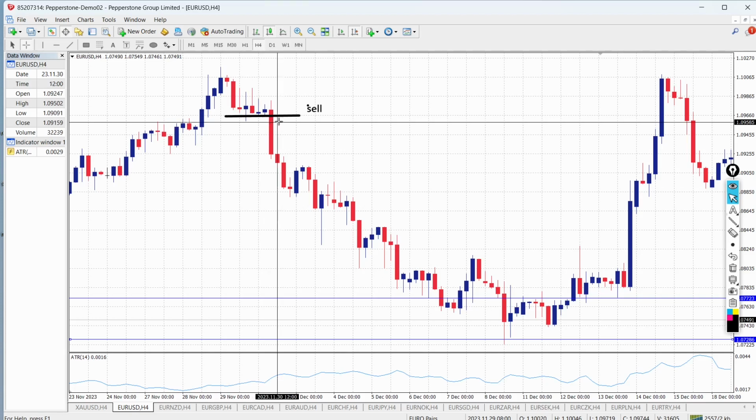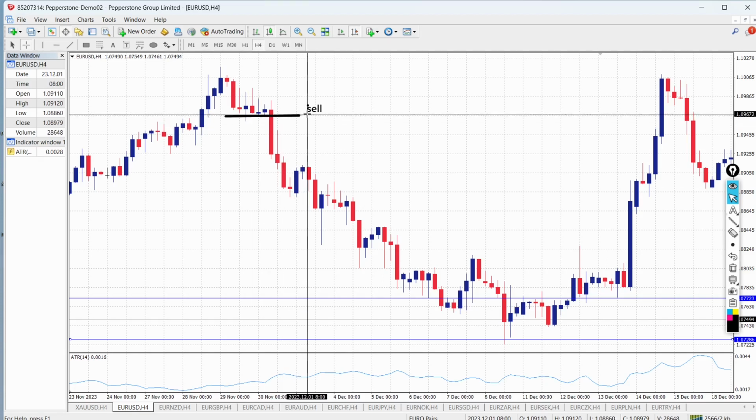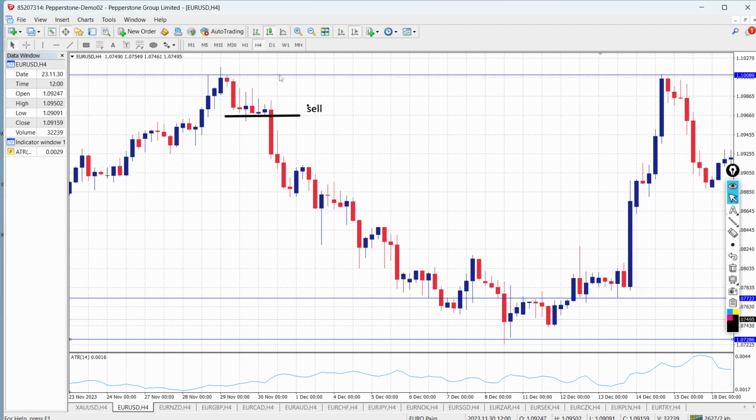So we have to get the 33 and then add it on the value where we are going to enter from. So we have 0.0968 or 69 plus 33. So that becomes 0.1001. So we put our stop loss at 0.1001. So this is where our stop loss is going to be, right here. This is where our stop loss is going to be, around there.